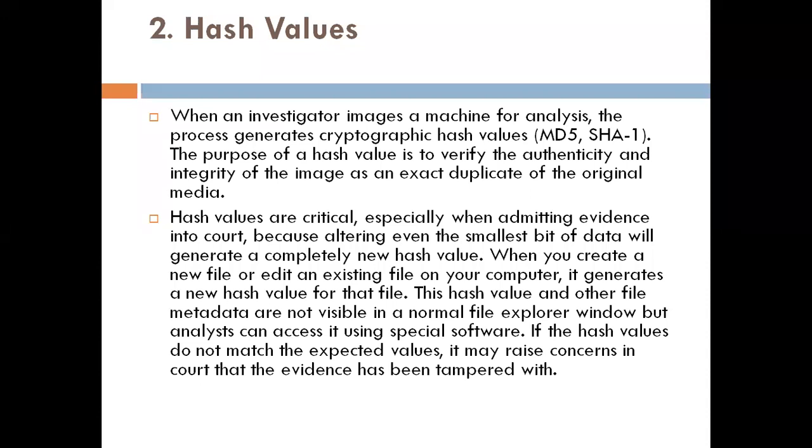These are cryptographic hashes for the data we are storing in the format of a hash value. With these, the hash value will be verified and authenticated. Then the integrity of the image is checked against the duplicate of the original media.